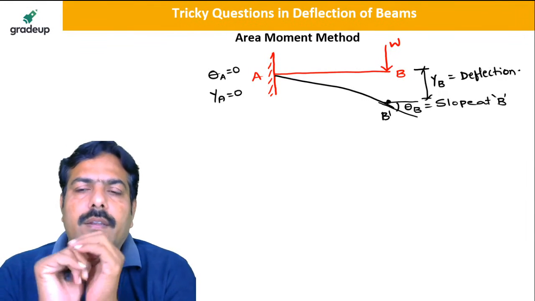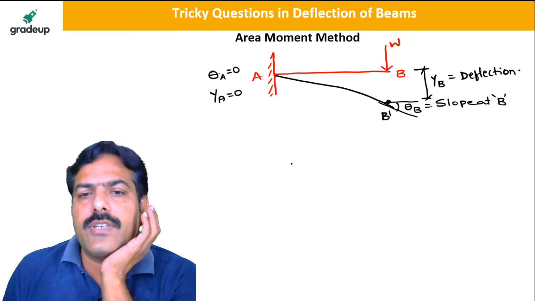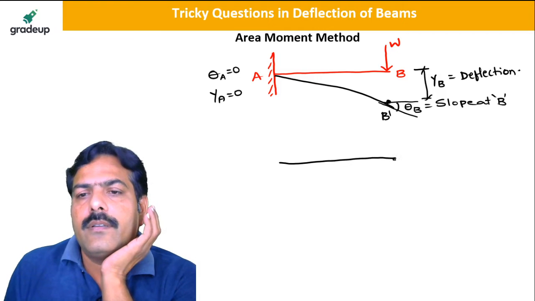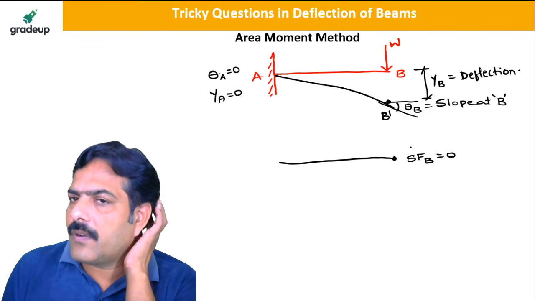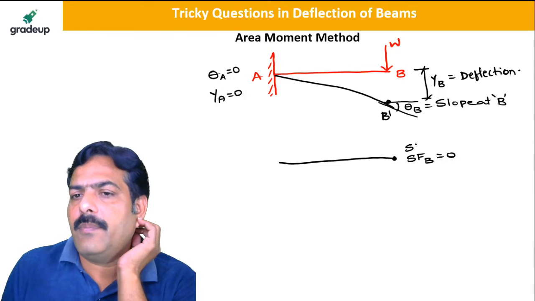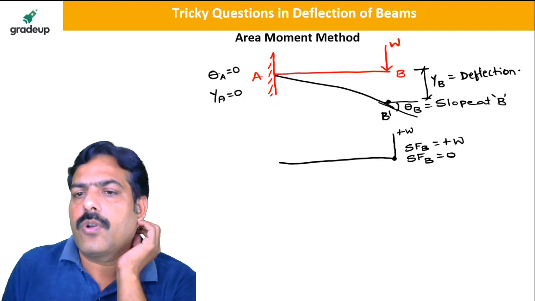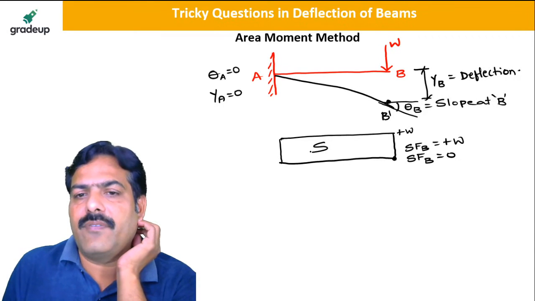So in this case, if I draw the shear force diagram for this, the shear force at B is equal to 0, and the shear force at A is equal to plus W. So from 0 it will go to plus W, constant up to this, and this is the shear force diagram, SFD.